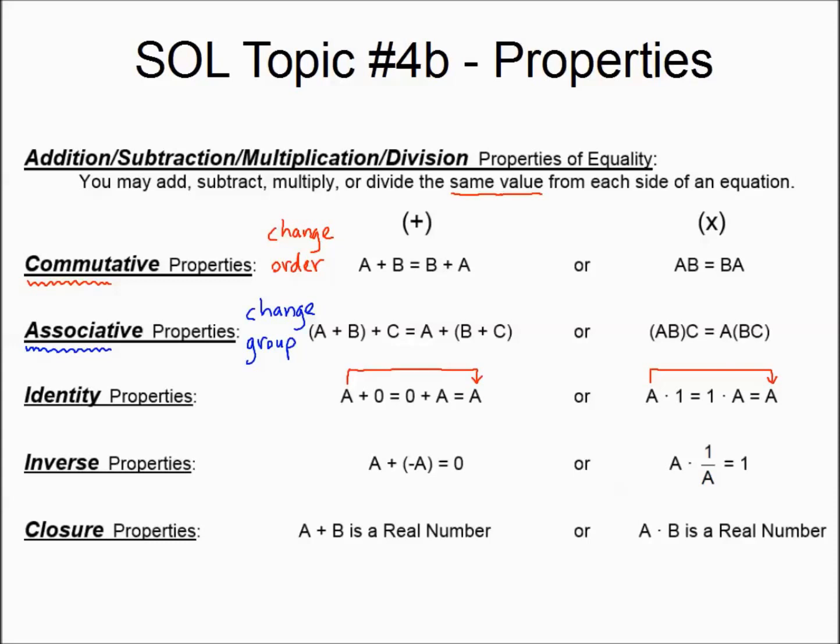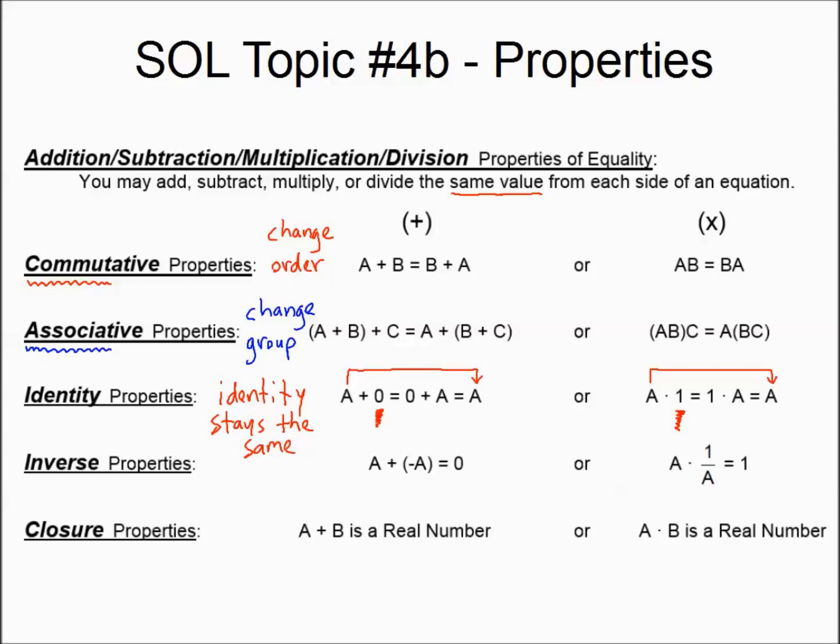It keeps its own identity. Zero is called the additive identity, and 1 is called the multiplicative identity. They're the numbers that we can either add or multiply to something and not change the value.